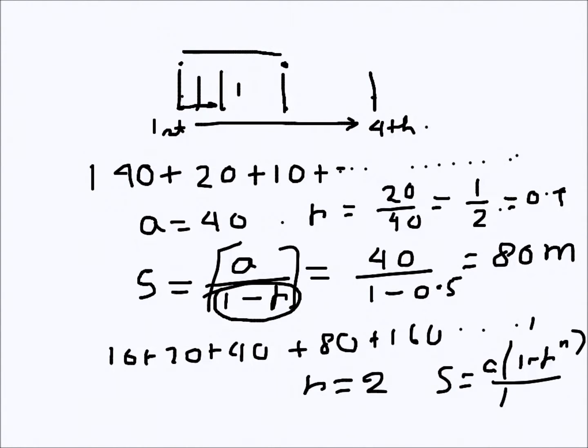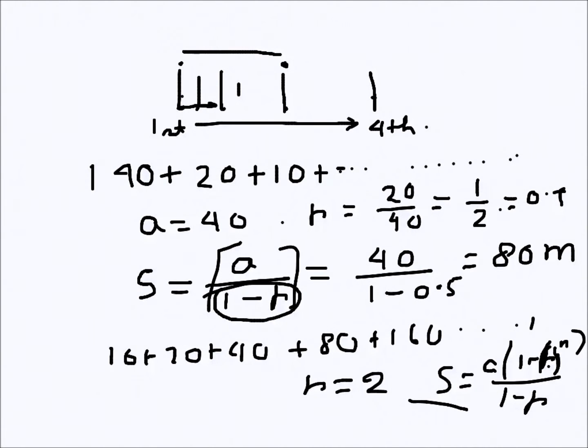It's an approximation for the infinite case when r is less than 1. If r is greater than 1, the sum will reach infinity, so it's not possible, he has to run forever. That's why the reverse arrangement of the cones is not possible.